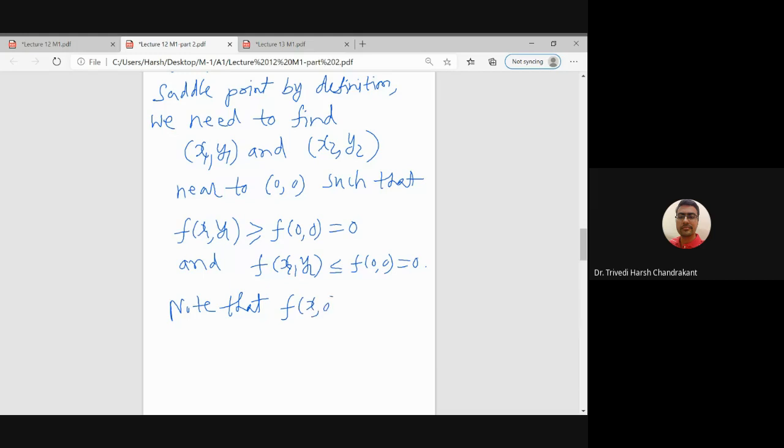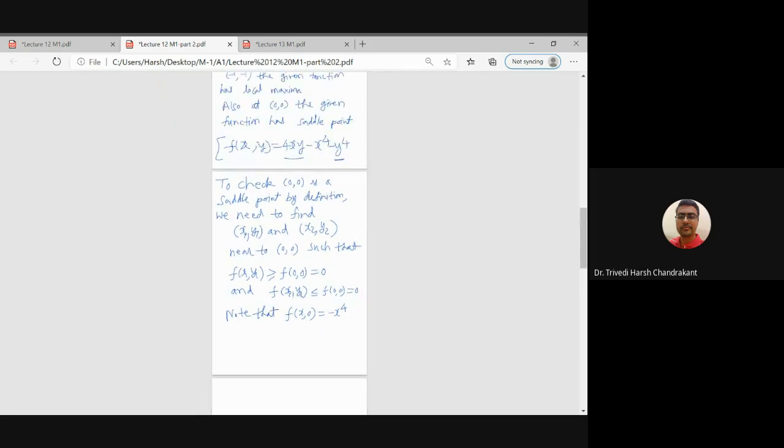This is the value of the function when y becomes 0. Now if I take x to be 0, then I will get minus y^4, which is a negative value. But the other value I need is non-negative. So what shall we do in that case? Is there any way we can find a positive value of this function? Is it possible?